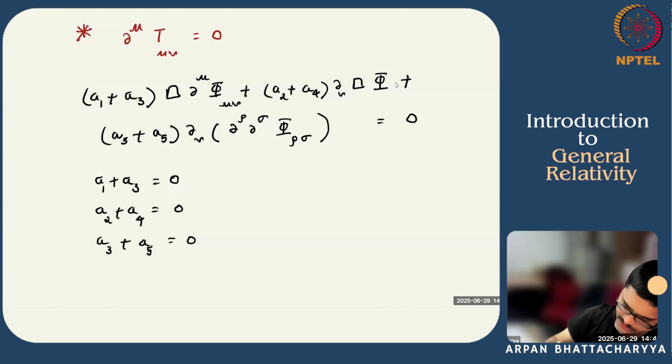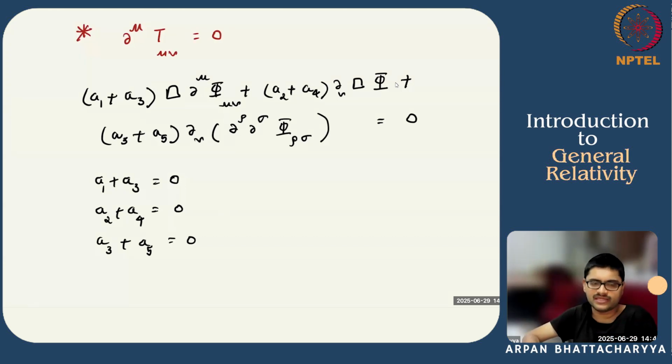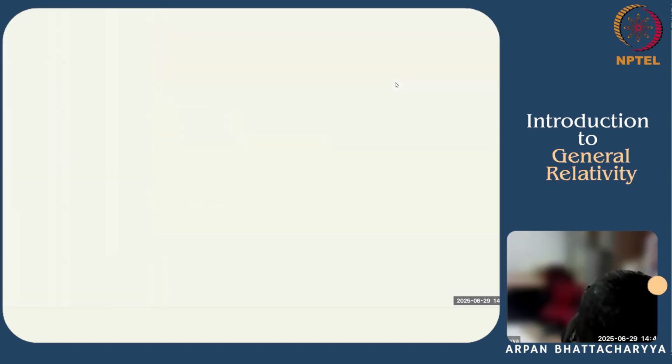Let's say we replace A3 and A4 by these first two equations in terms of A1, A2, and of course A5 will be related to A3 as well. So effectively, we can get rid of the three coefficients using these three equations. So then we get the following.